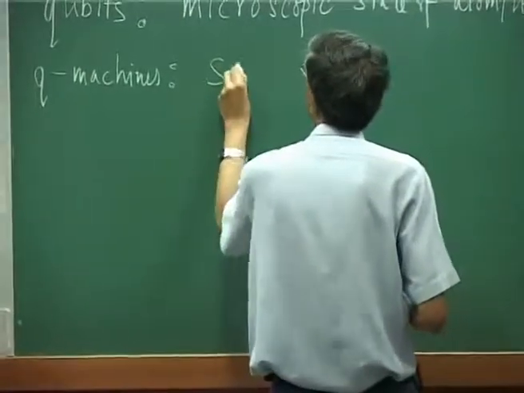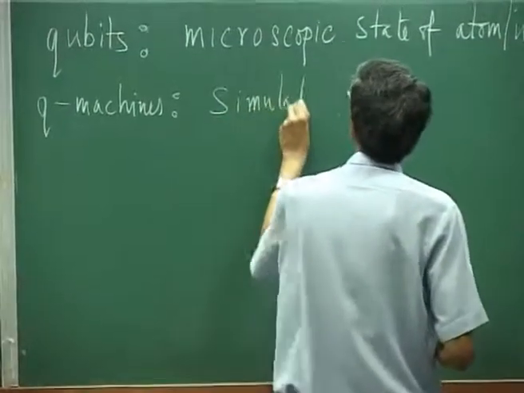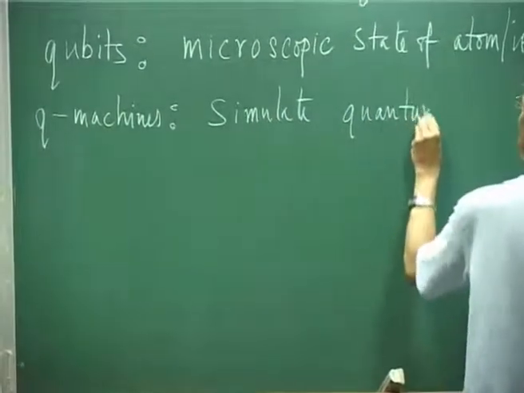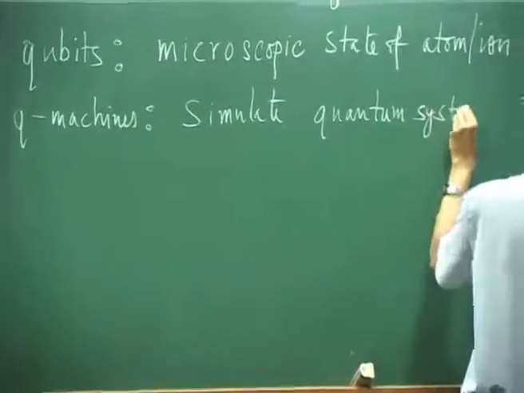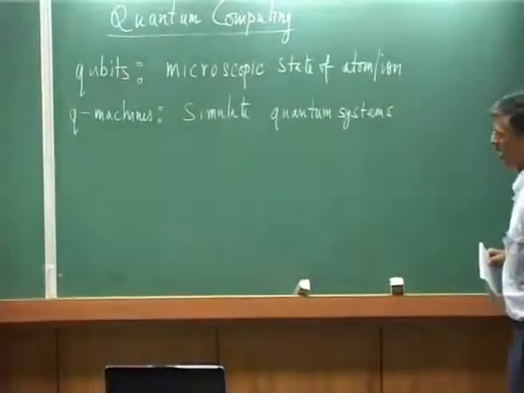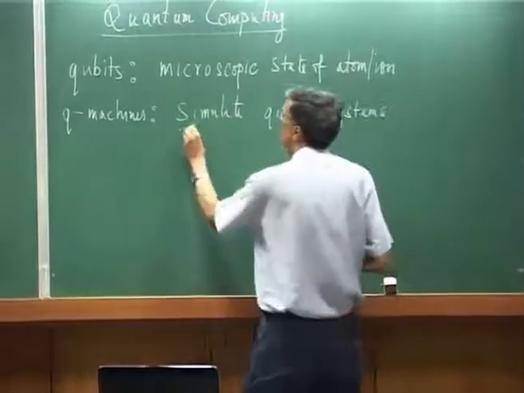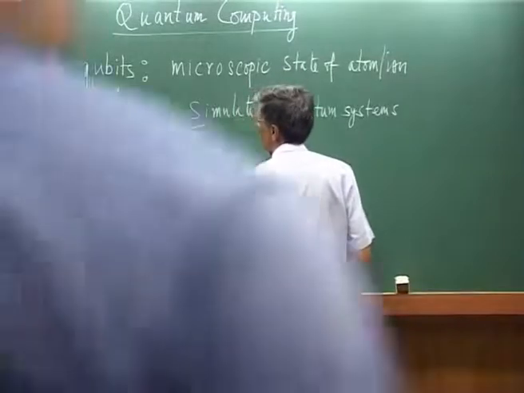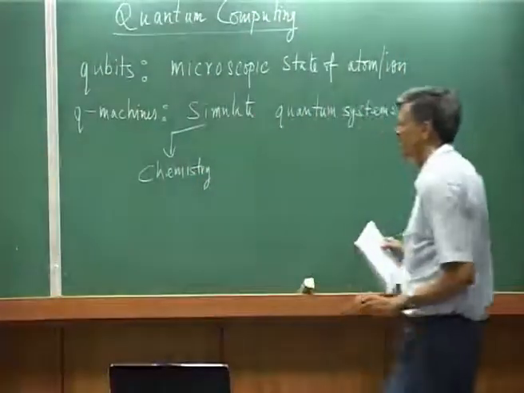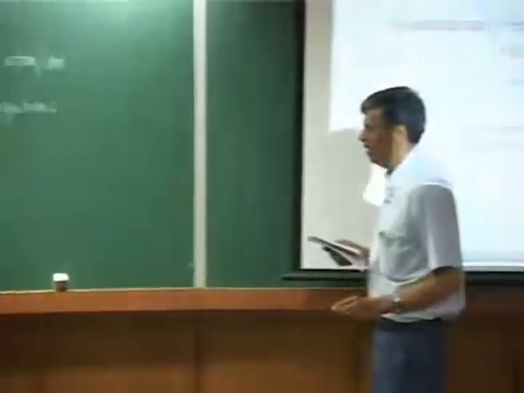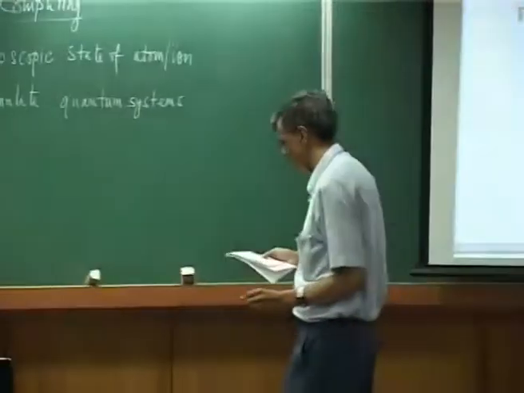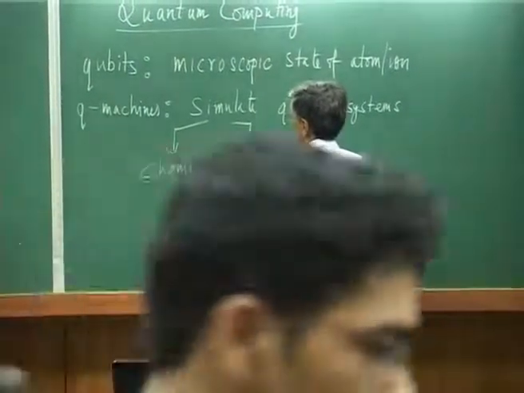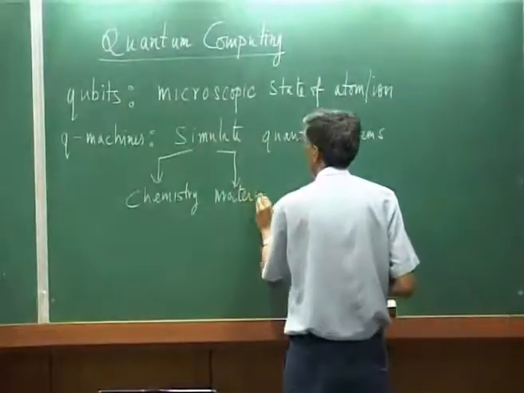So, maybe the rich areas where it would find its niche activity would be in chemistry, or could be in, say, material science.